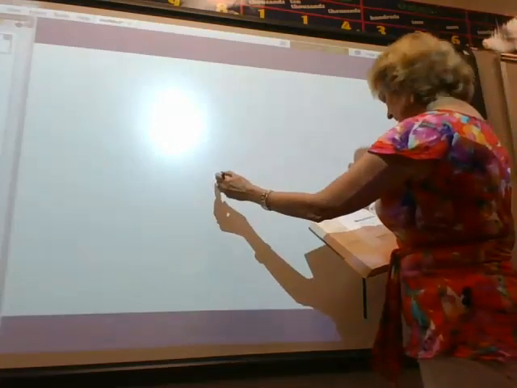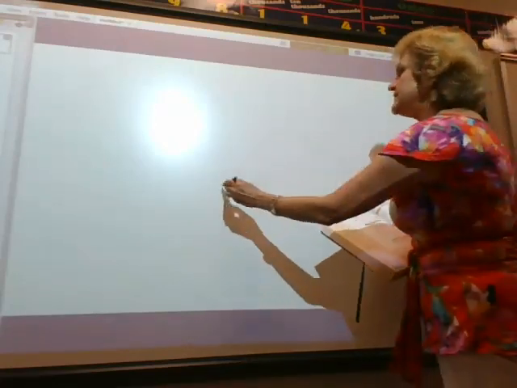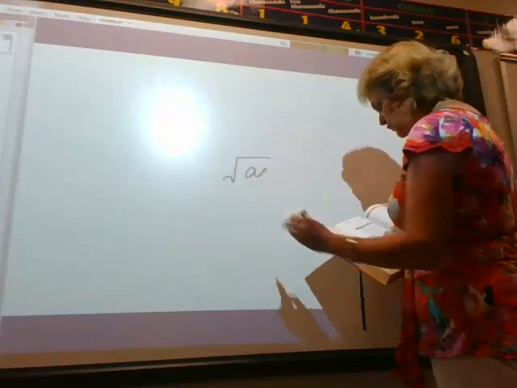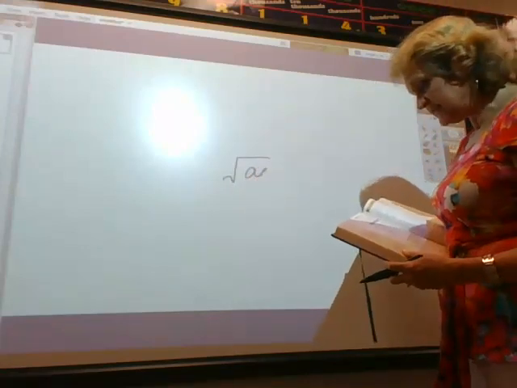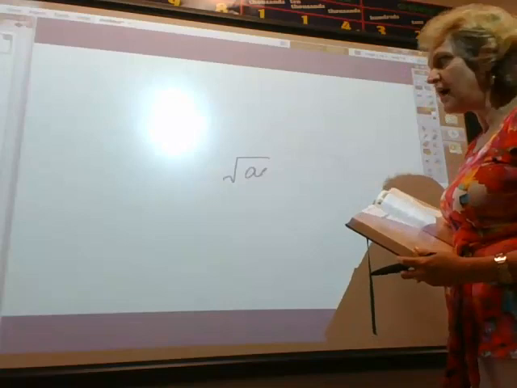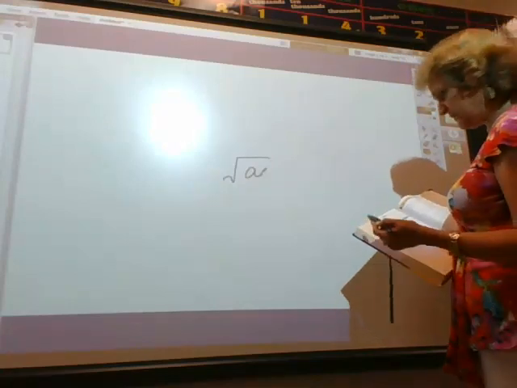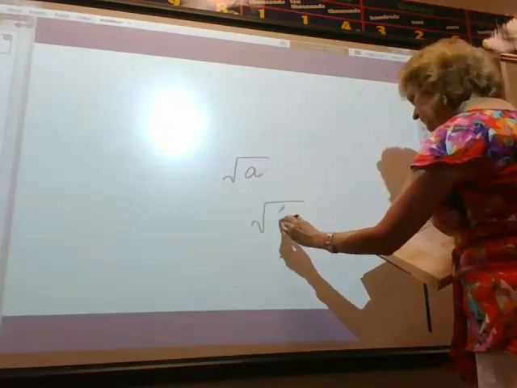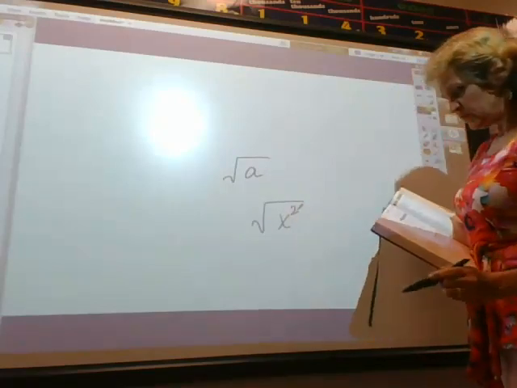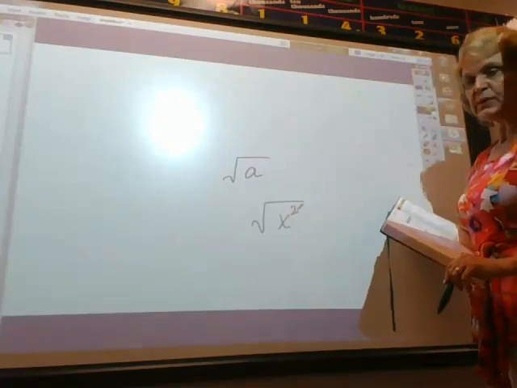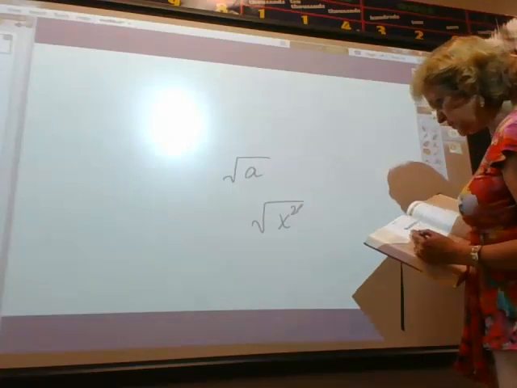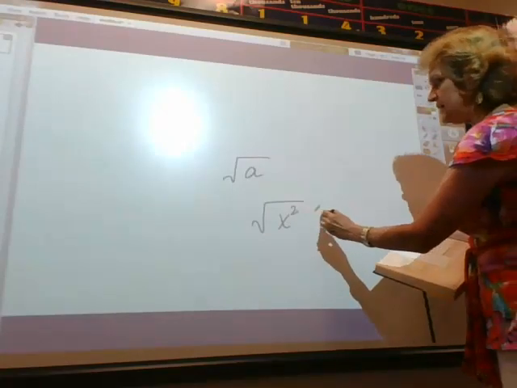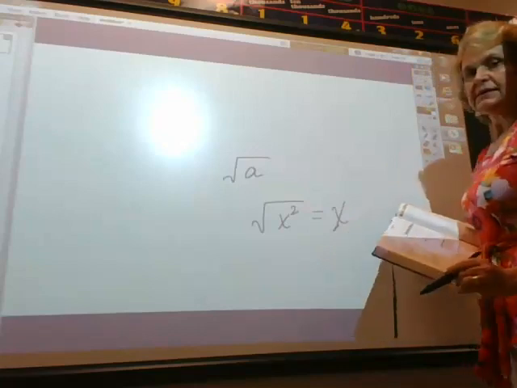Now this example, we start off and it says that remember that radical A, or square root of A, means the principal square root, the positive, or the 0 of A, okay? So the symbol square root of x squared means to square x and find the principal square root, all right? So it shows you, is this equal to x?